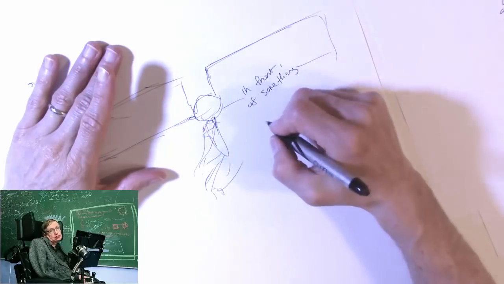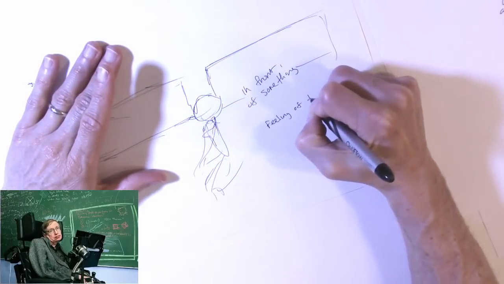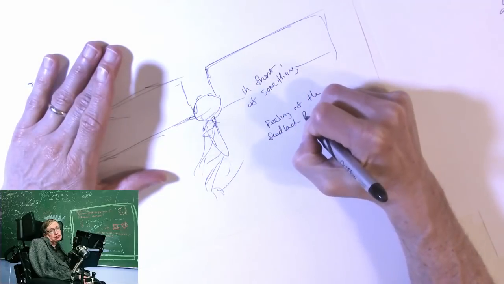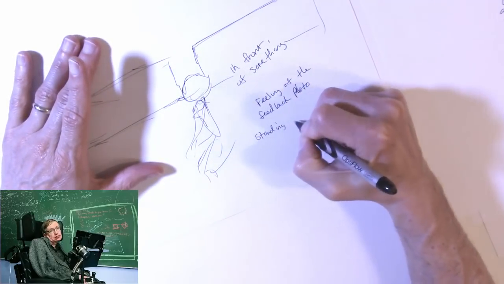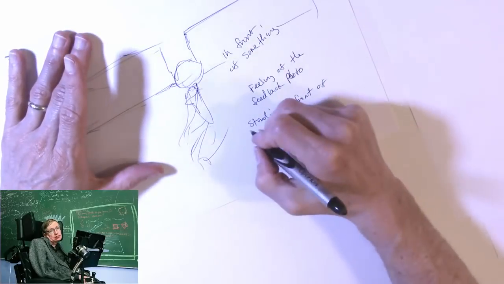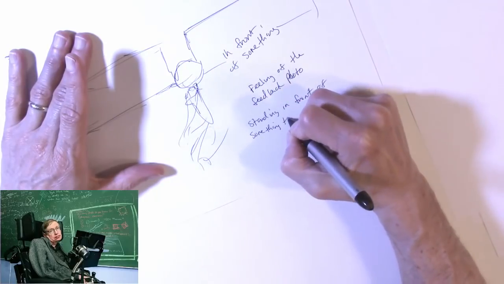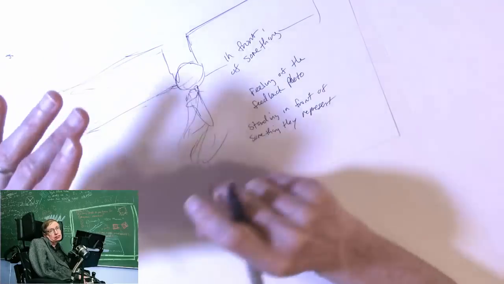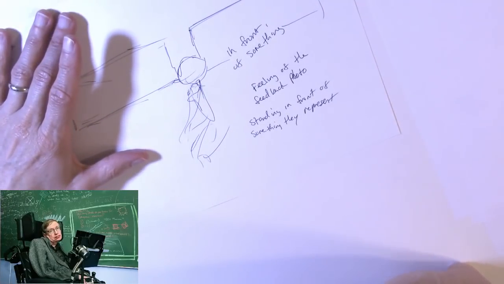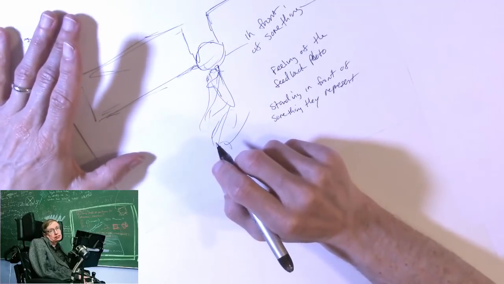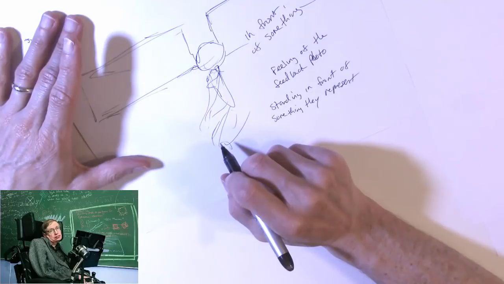This is a feel of like the feedback photo, of standing in front of something they represent. This is more in the AI that I'm feeling here. The aesthetic that I'm feeling.